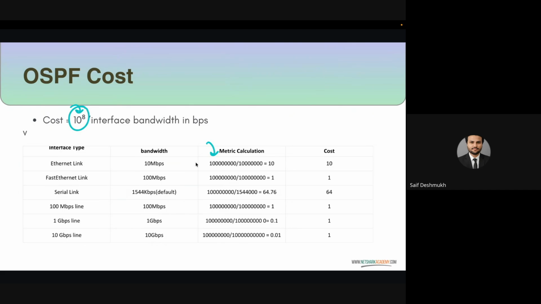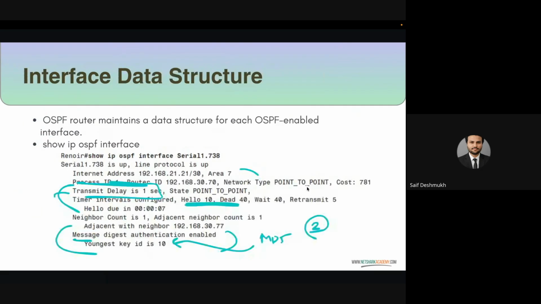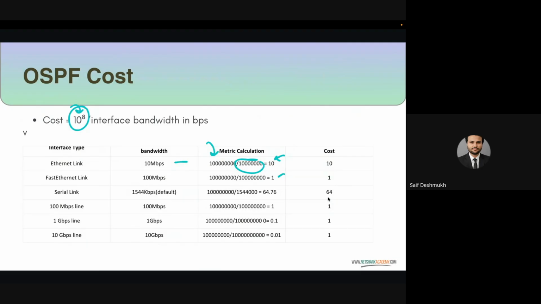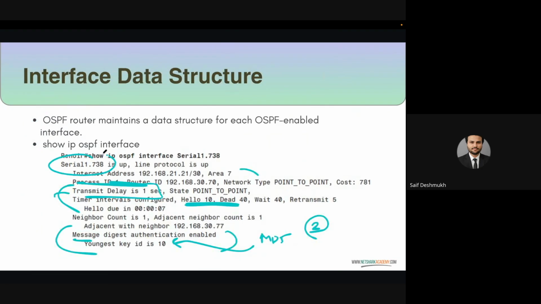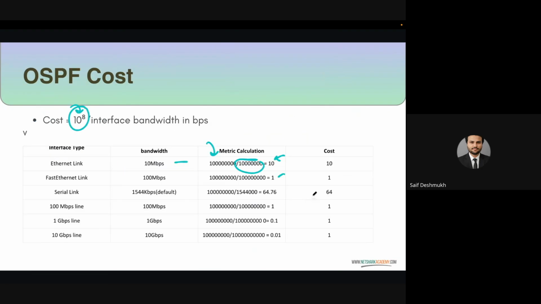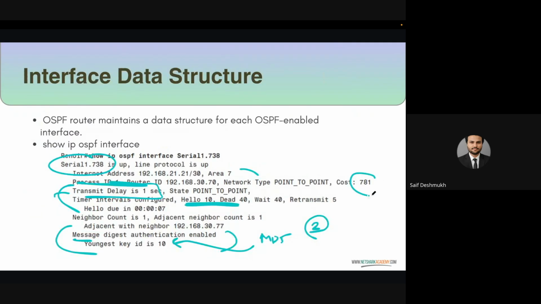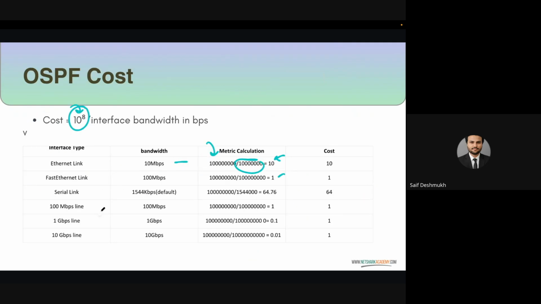Anyway, considering that limitation, if you divide it by each interface bandwidth, 10 Mbps in bits per second, you get 10 as the cost. Fast Ethernet gives you 1 as the cost. Serial link gives you 64.